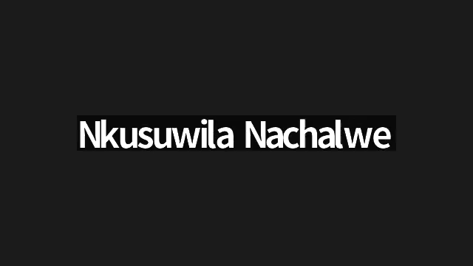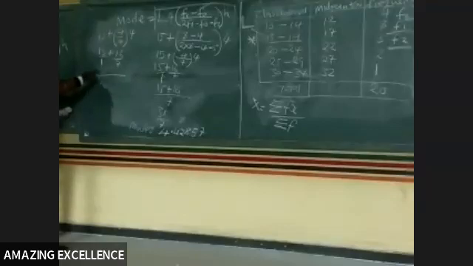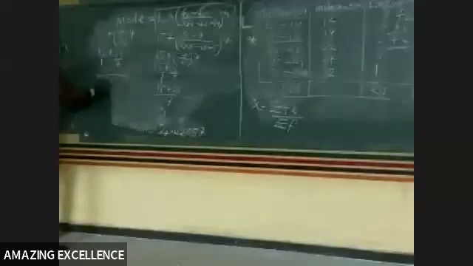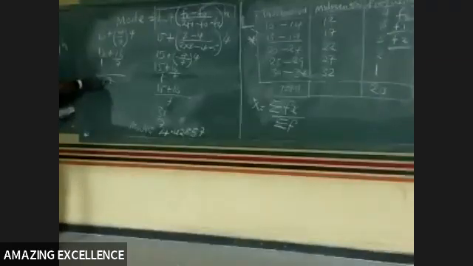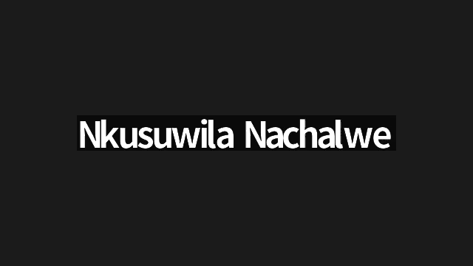Then 15 over 1 in this one. Then you do normal fraction. You know how we add fractions. You choose a common denominator. Our common denominator is 7. 7 times 15 is 105, plus 16.